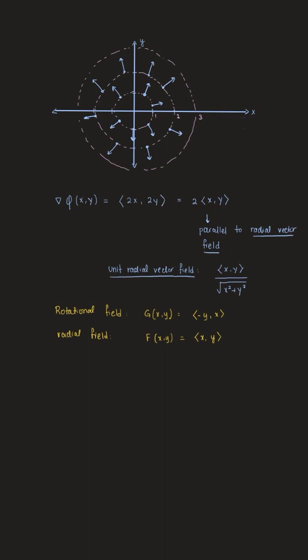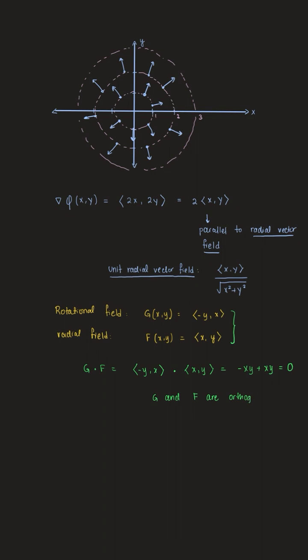Well, if we take the dot product of those two vector fields, we have an interesting result. If we do G dot F, we get negative y, x dot product with x, y. And notice what happens. We get negative xy plus xy, which equals 0. So recall that when the dot product is 0, we know that G and F are orthogonal vector fields.